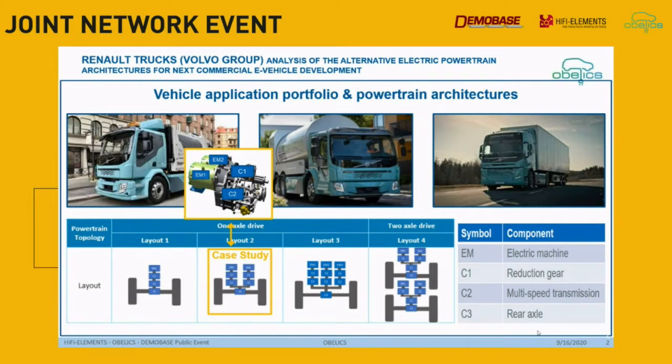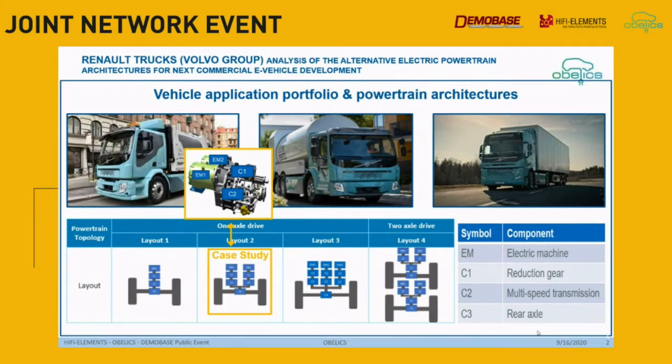For our OBELICS case study, we chose layout 2, with one axle with 2 electric machines and a multiple transmission system. The main aim of this use case was to choose the optimal powertrain architecture for the future, with respect to optimal vehicle efficiency and development costs.